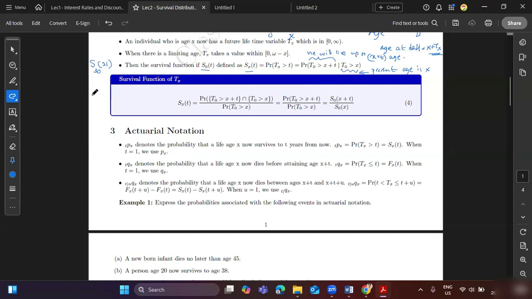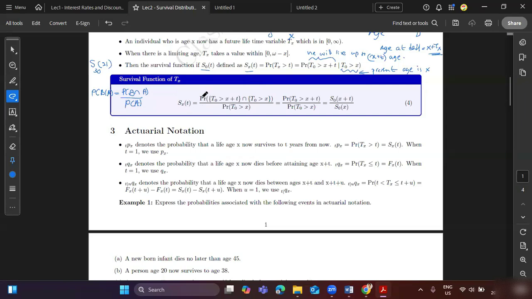The probability of B given A is the probability of B and A divided by the probability of A, where A is the event which occurs first and B occurs after A. So we can use the same conditional probability definition and write down the survival probability of a person who is at age X, surviving T more years.